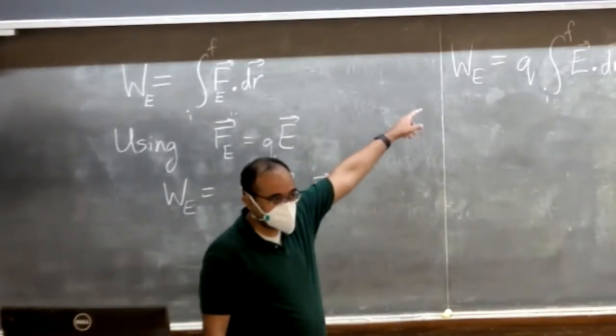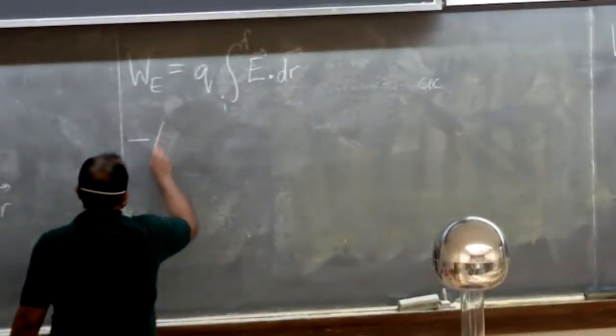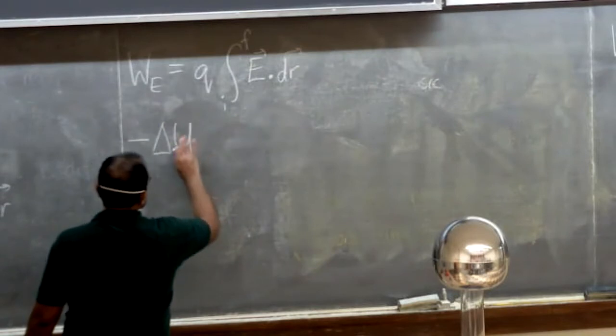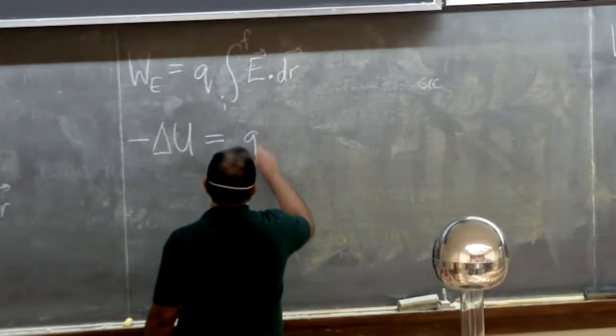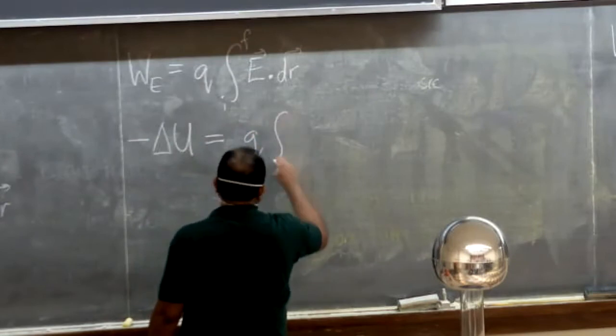But we also know that we can relate the work done by the electric field to the potential energy. So we can write this as negative delta U equals q.